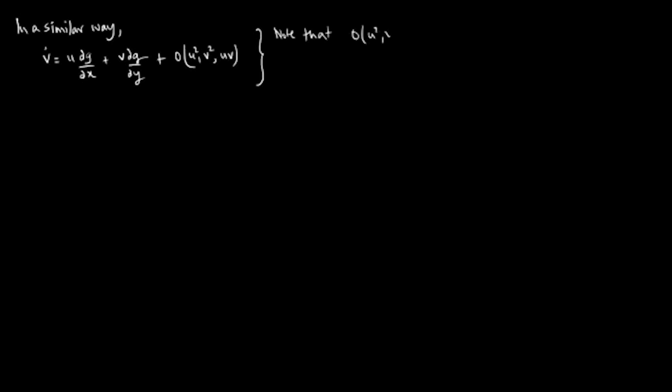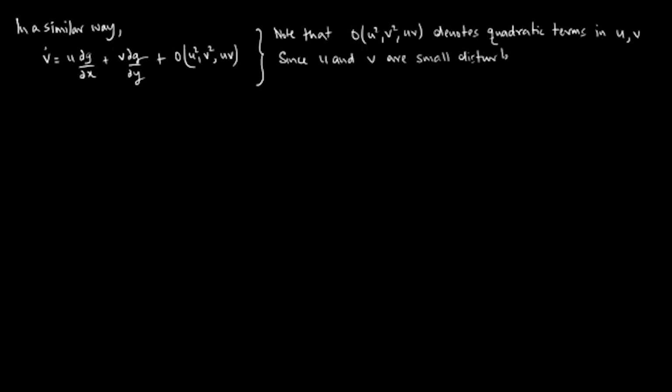In a similar way, v dot is equal to u dg/dx plus v dg/dy plus terms which are order u squared, v squared and uv. Note that order u squared, v squared, uv denotes quadratic terms in u and v, and since u and v are small disturbances, the quadratic terms are in fact very small.